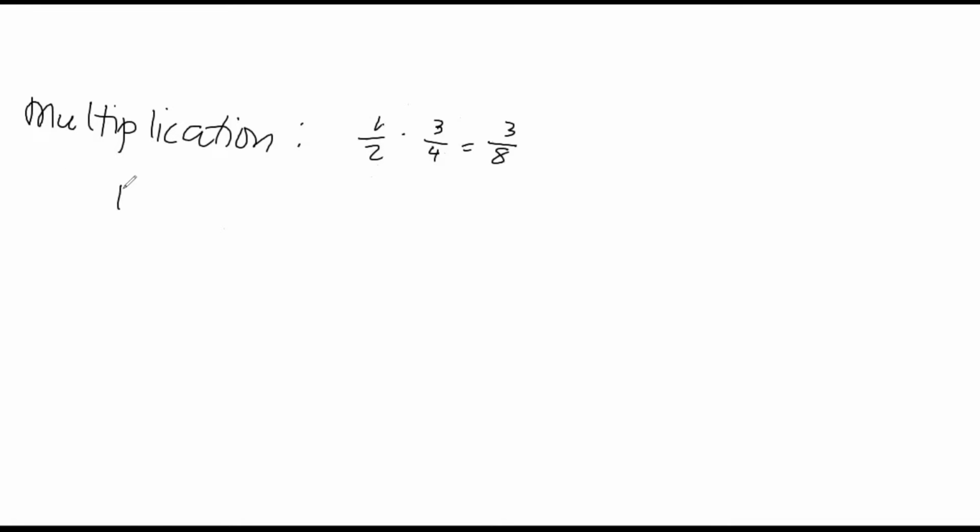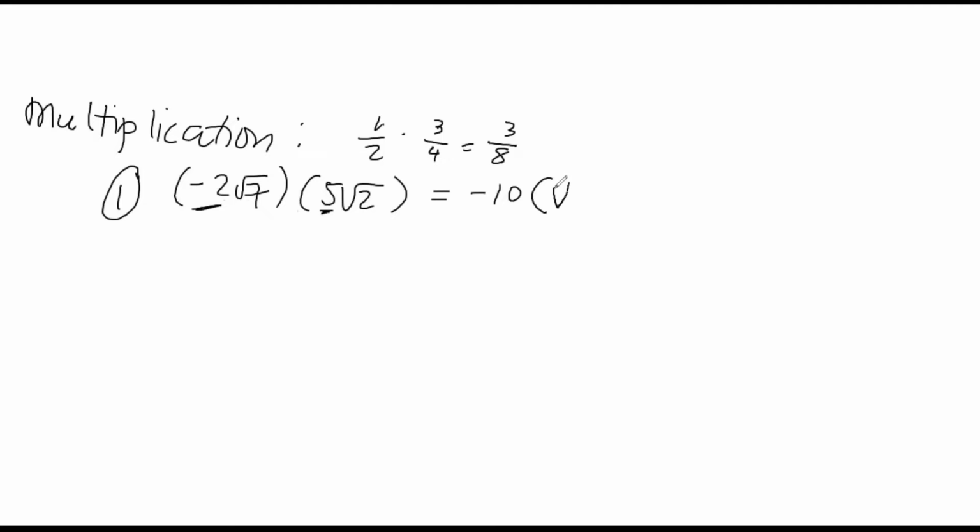For example, we have -2 root of 7 multiplied by 5 root of 2. So we multiply the coefficients -2 and 5. When we multiply it, it's -10. And then we can multiply the radicals directly. 7 times 2, and that's root of 14, right?